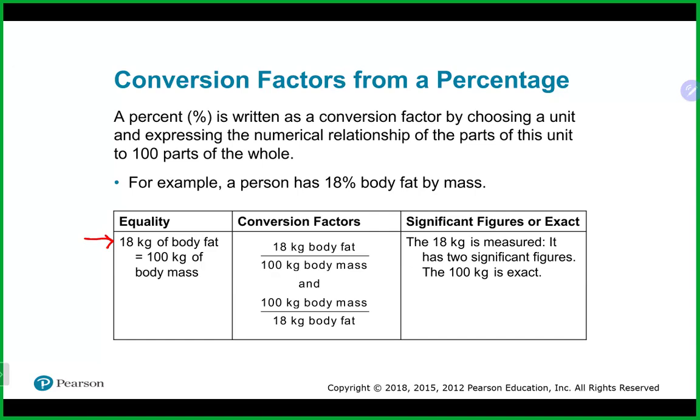So you can use any sort of unit and just assume that you have 100. Once again, here we would want to look at the 18 in this particular case, and that 18 does have two significant figures. We would look at just the 18 because it originated from the 18%, where that 18% had two significant figures. Any questions on that?